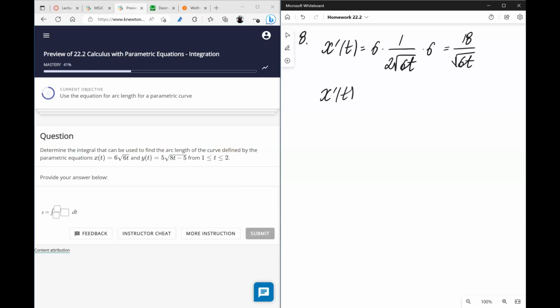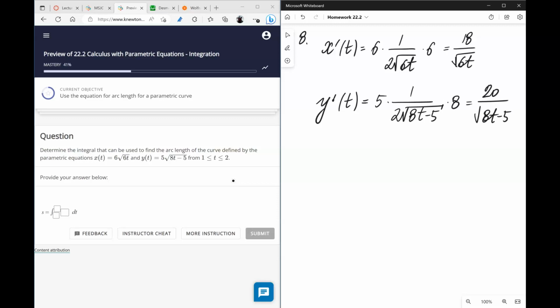X prime of t squared will be, again, we're only asked to set up the integral, so we're not asked to solve it. So let's not do more than what we're asked. The derivative of y is 5 times 1 over 2 square root of 8t minus 5 times 8. So it's going to be 20 over square root of 8t minus 5.